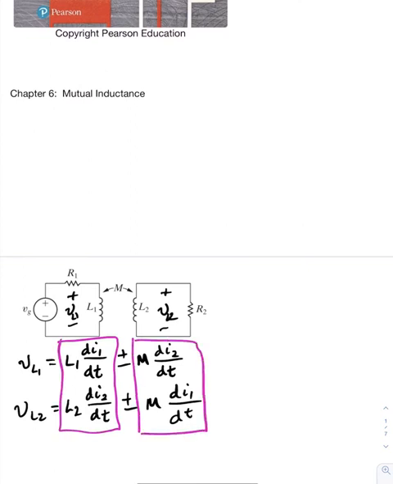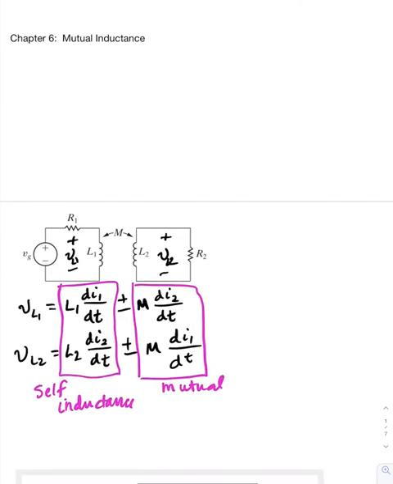So the first part is the voltage caused by self-inductance, and the second is the voltage caused by mutual inductance.